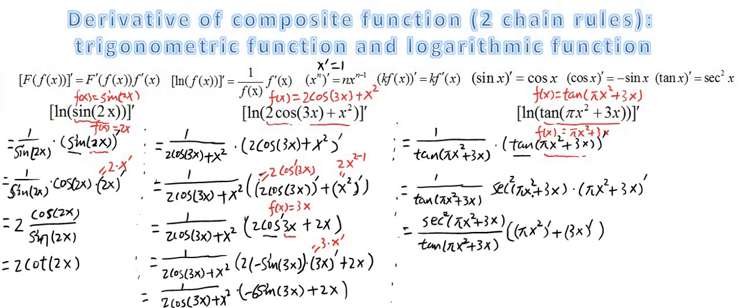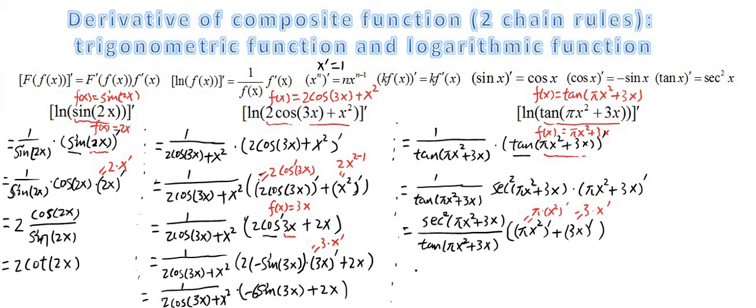For the first function we can apply the constant multiple rule. We're gonna have pi times the derivative of x squared, and for the second function, very similar, 3 times x prime.